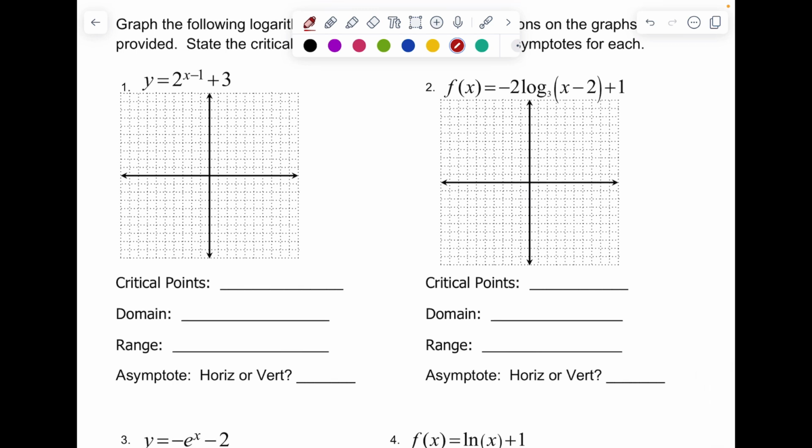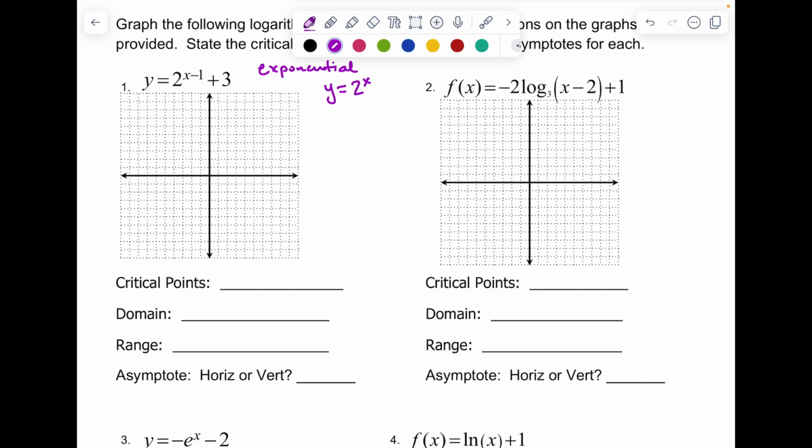1 is, to start off with, exponential. So you should go ahead and identify the parent function first. So the parent of this is y equals 2 to the x power. And you can see we've had some changes done to it.